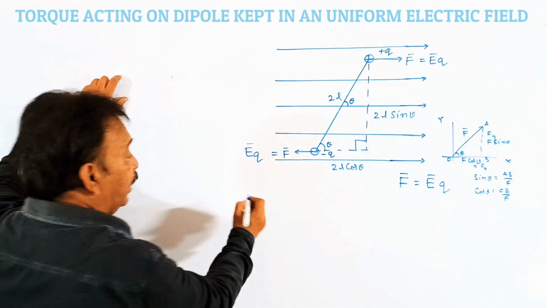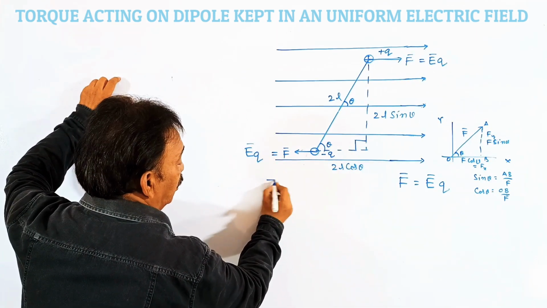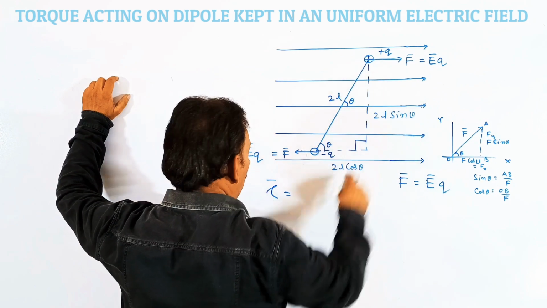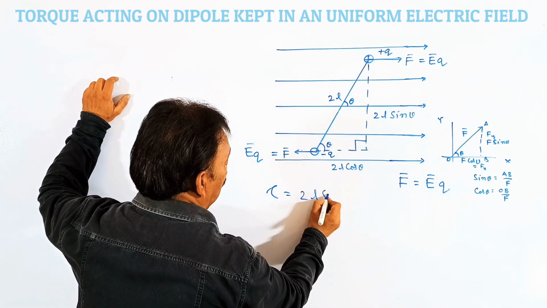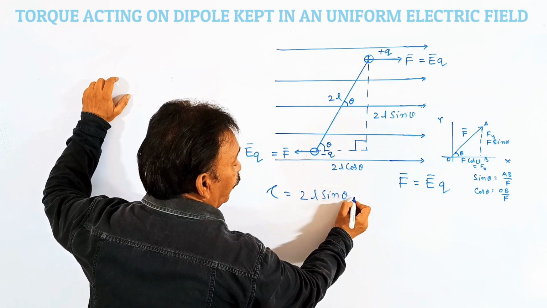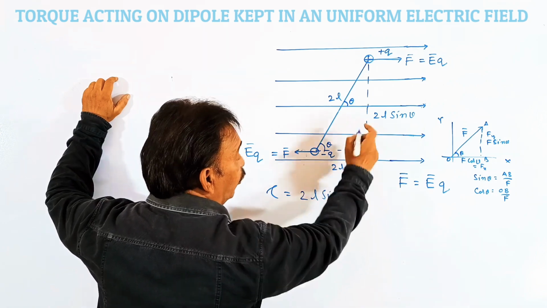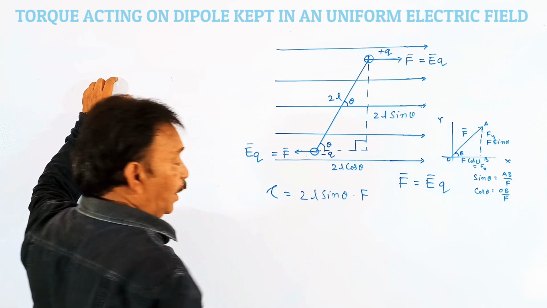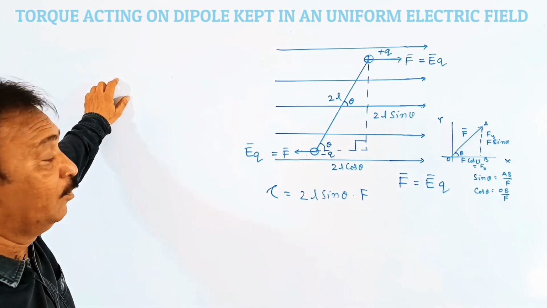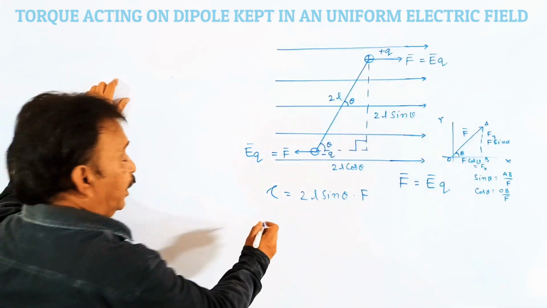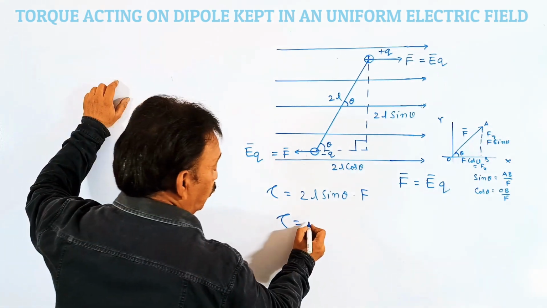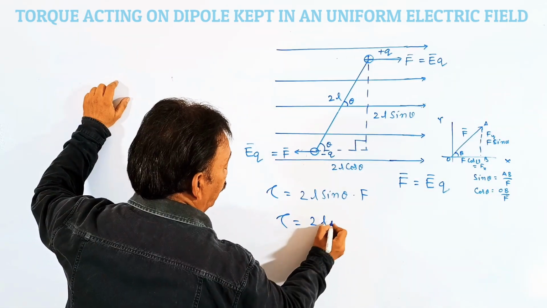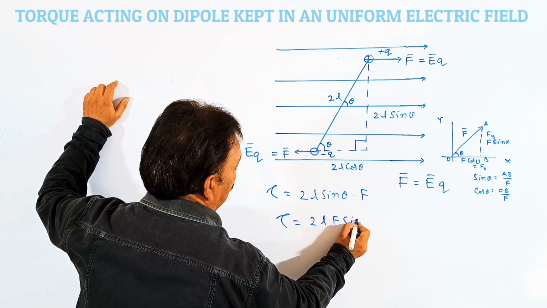Then you can write torque, tau bar. What is the perpendicular distance? I am writing the magnitude. It is 2L sine theta multiplied with force. You can write torque is equal to 2L into F sine theta.